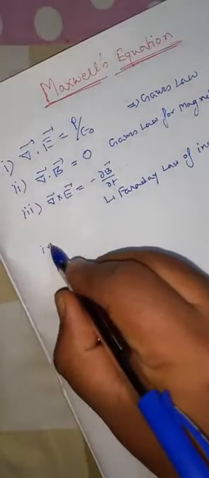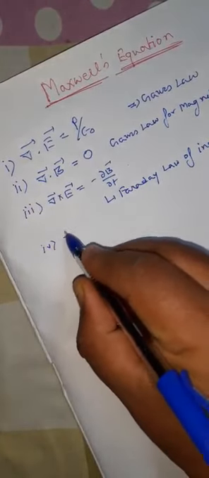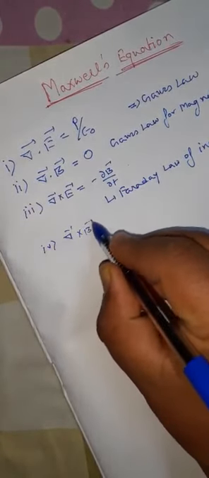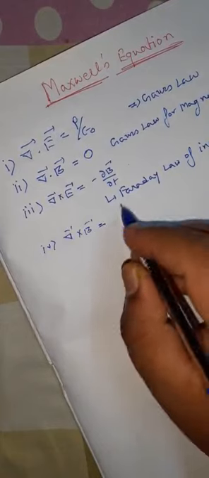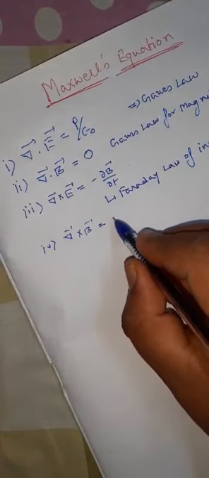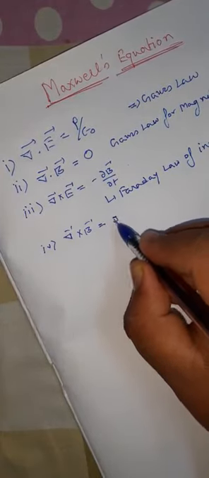And the last equation is curl of B, which is nothing but mu naught J plus mu naught epsilon naught del E del t.